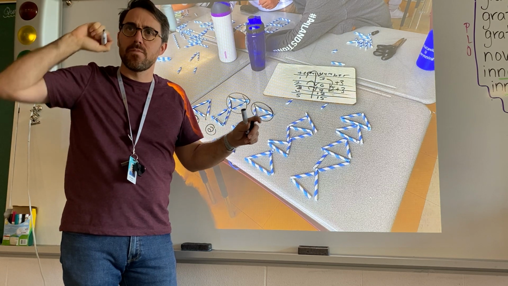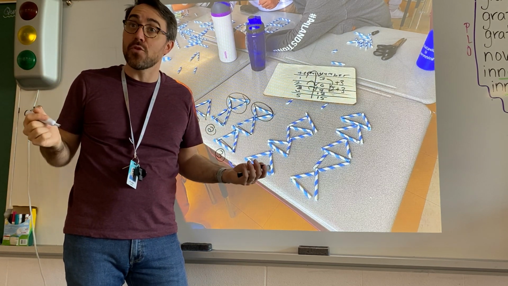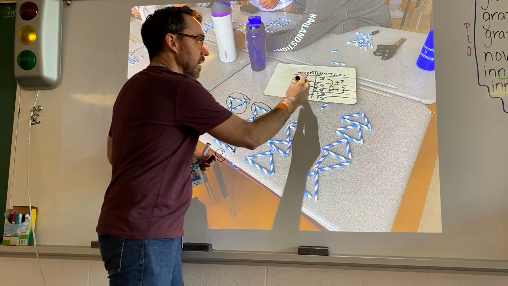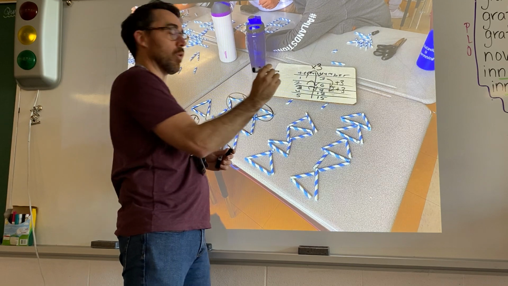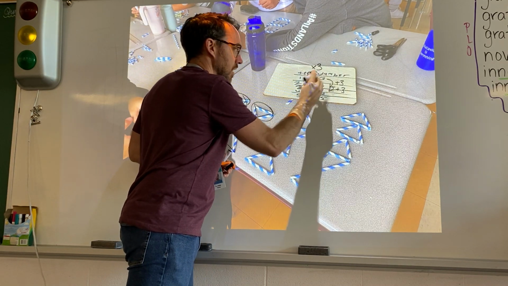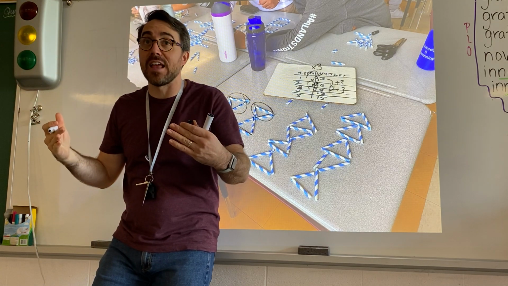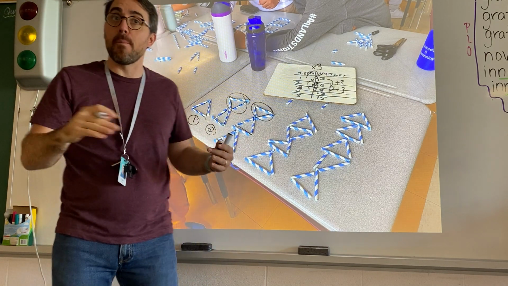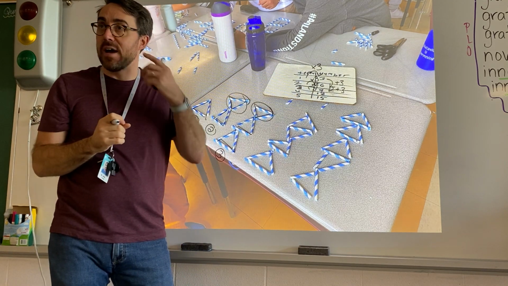Caleb? Multiply the number by 3 each time. Times 3 each time. So 1 times 3 is 3. 2 times 3 is 6. 3 times 3 is 9. So here's a patterning table where I can jump way ahead and use that pattern to my advantage.